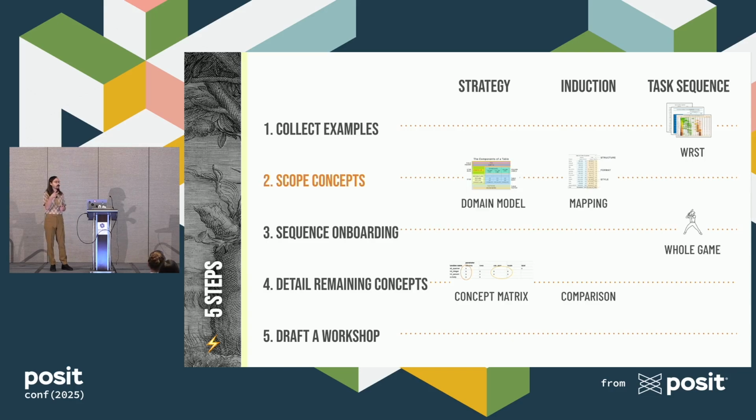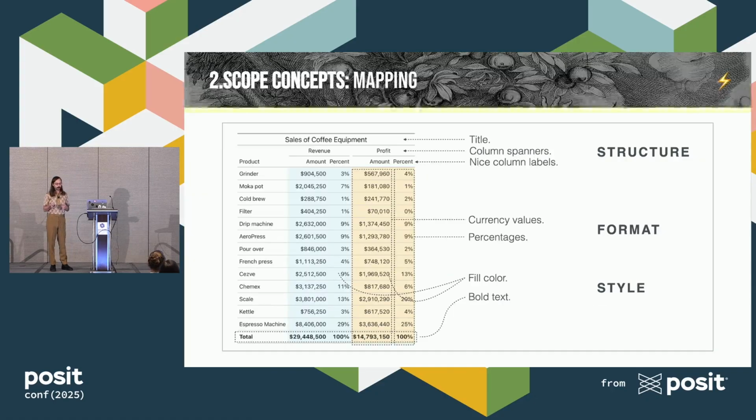Next, I would say is scoping concepts, so breaking them apart. All right, so I showed this, and the key here I just want to emphasize is that mapping concepts is so important. As Rich just produced example after example, we had them in whiteboarding software online, and we were just marking them up like crazy.